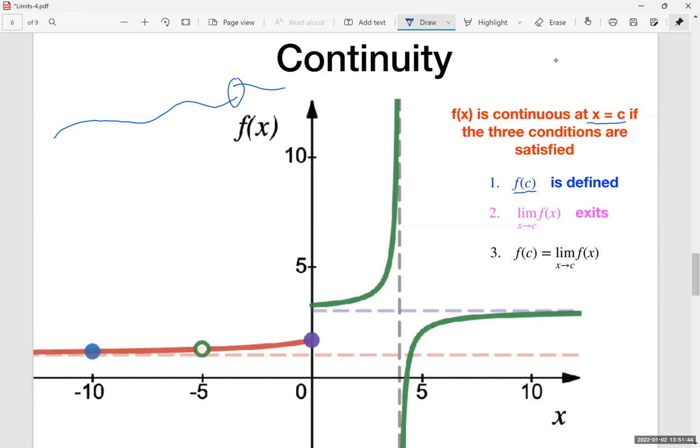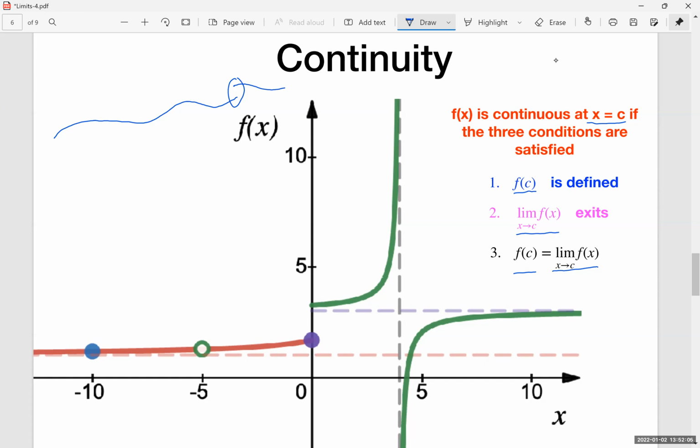Then the limit when x goes to c exists. And the last condition is that the value at c equals the limit when x goes to c. All right, keep in mind that there are three conditions for a function to be continuous at a point.